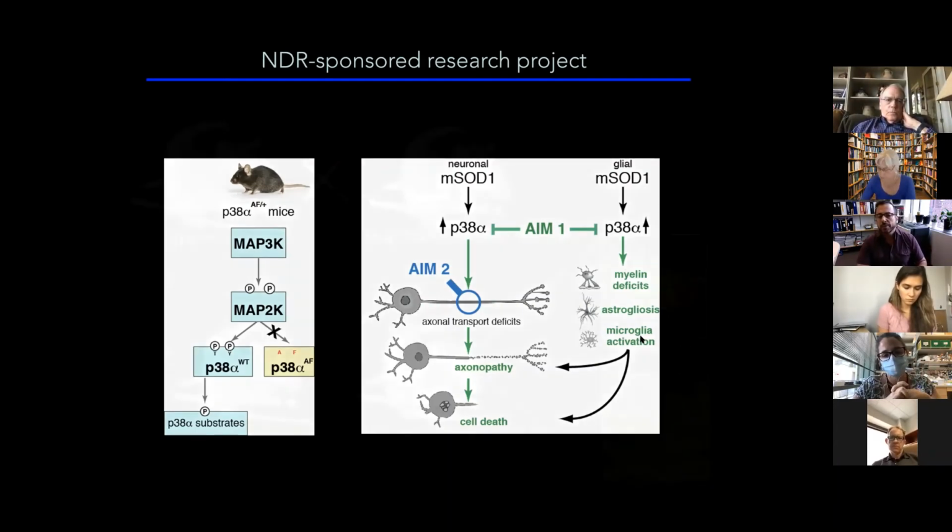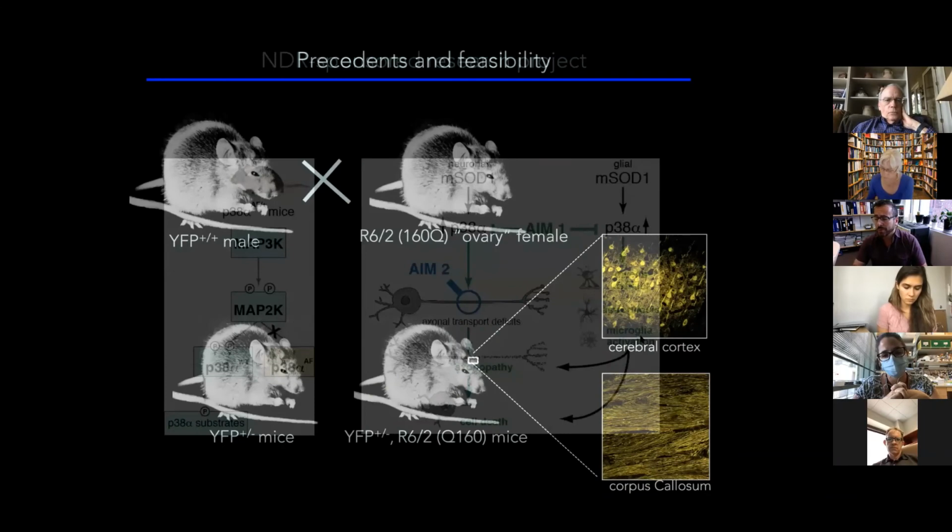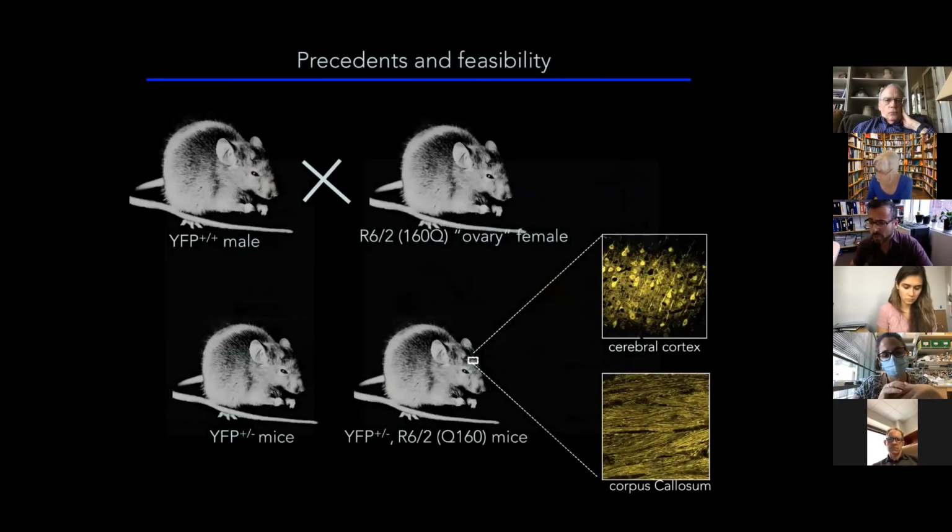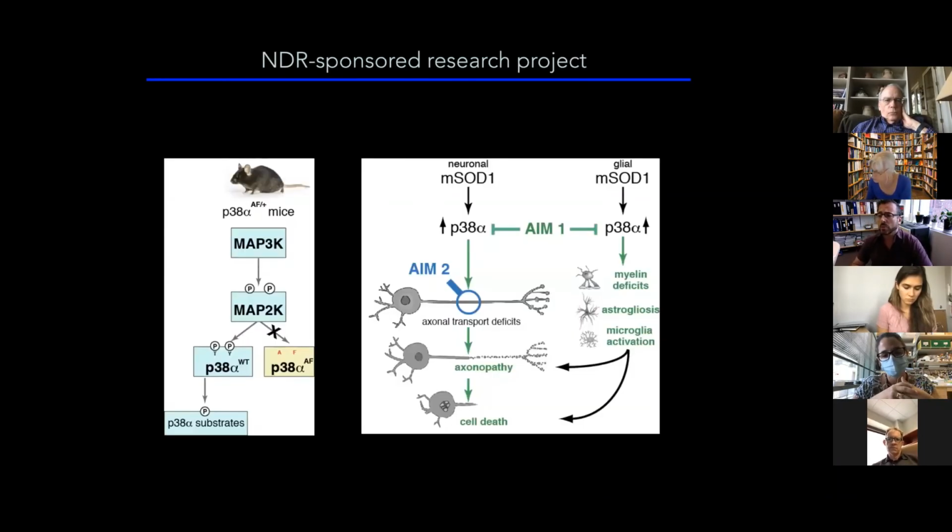But you might say, well, how do you know that it's going to work? Well, what allowed me to propose this experiment was that I was working on a parallel story that is not about ALS, but it's about Huntington's disease. And using the squid axoplasm, we were able to map a specific JNK isoform, another kinase related to P38 as a cousin.